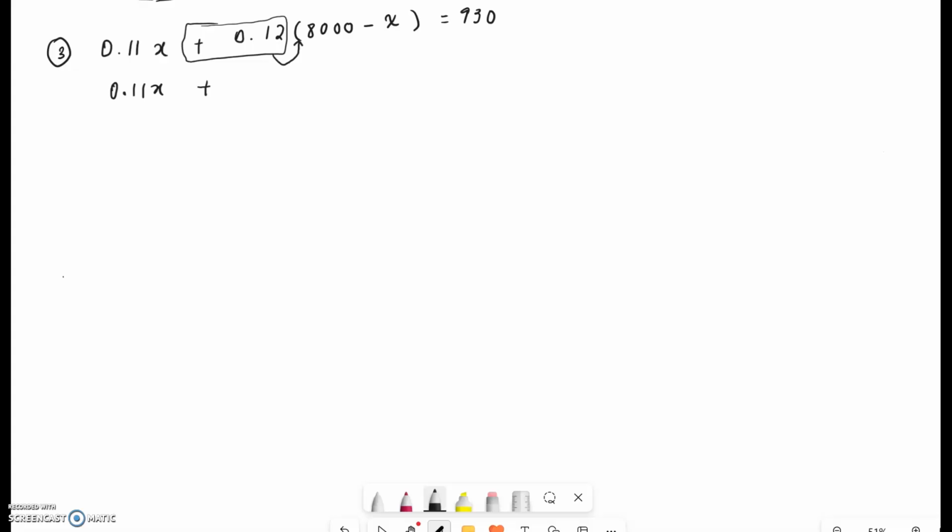So let's use the calculator. 0.12 times 8,000, and that's equal to 960 minus, because this is a minus, times plus is a minus, 0.12x, and that's equal to 930.